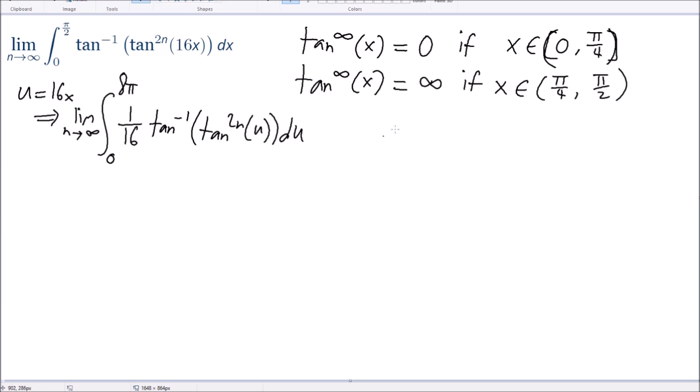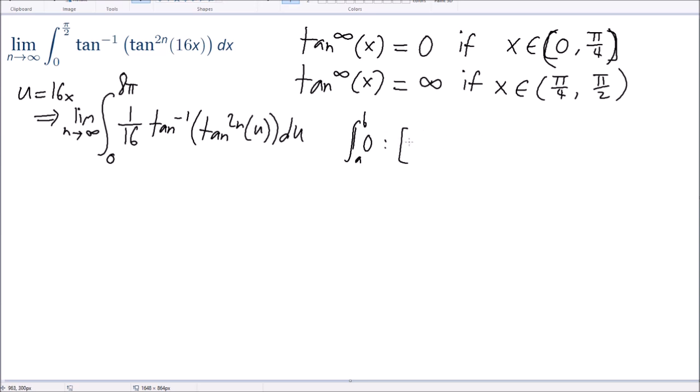So notice that, let's split this up. Let's say the ones where it equals 0. So the integral, this will equal 0 for what bound?